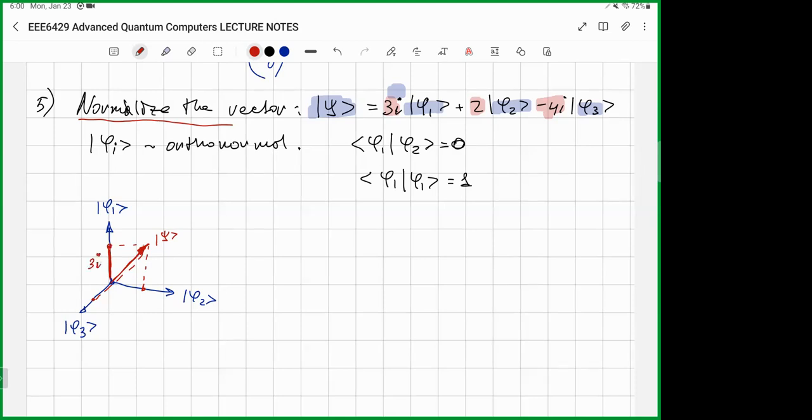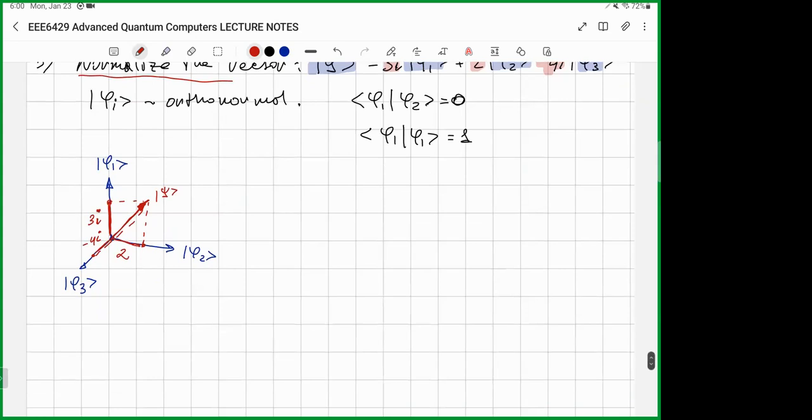In this particular case, the projection on the second axis is 2, and the projection on the third one is minus 4i. As you can see, these projections are complex valued.